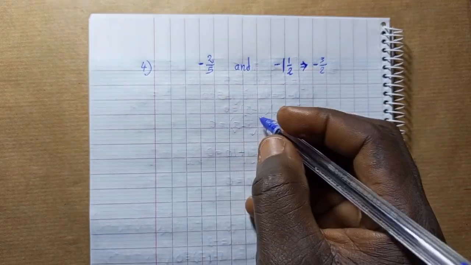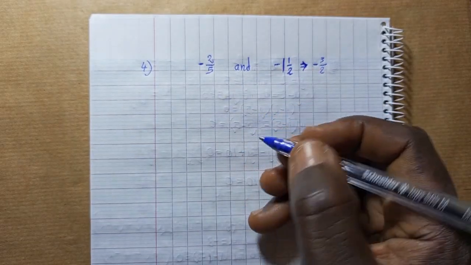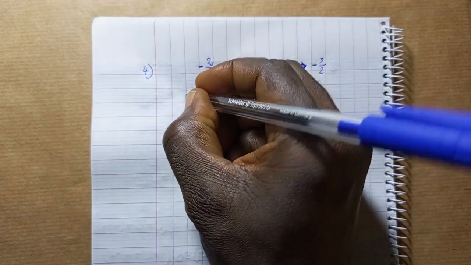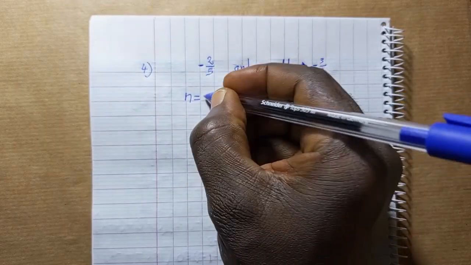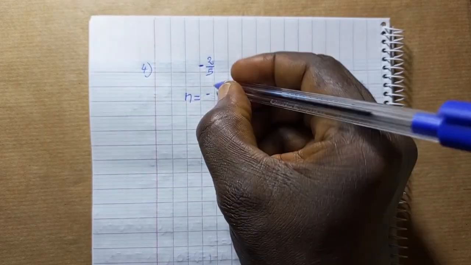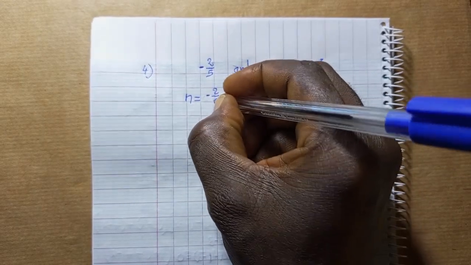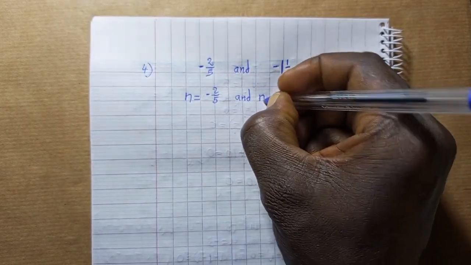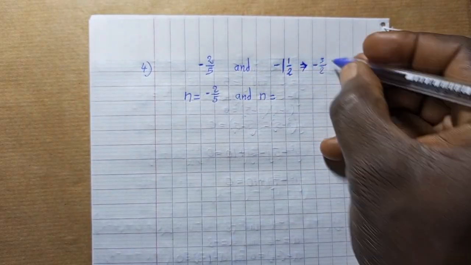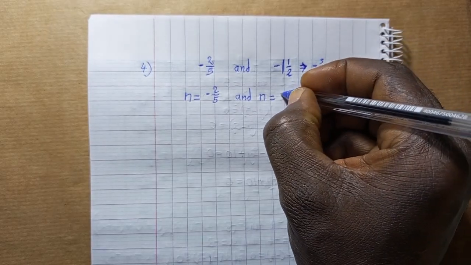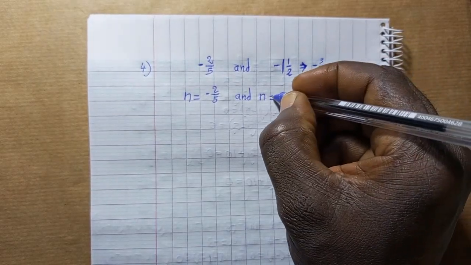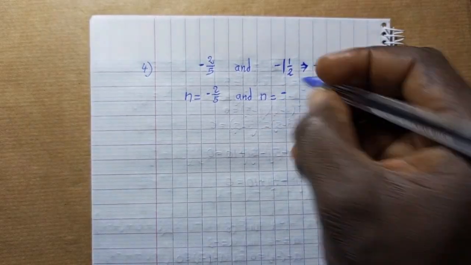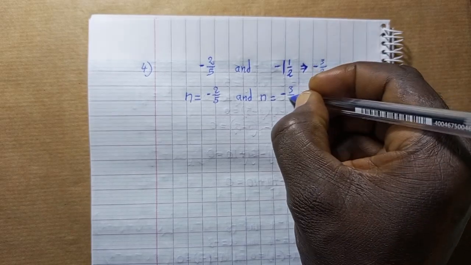So now the variable I'm going to be using here is n. So I will say n equals minus 2 over 5, and n equals this now, minus 3 over 2.